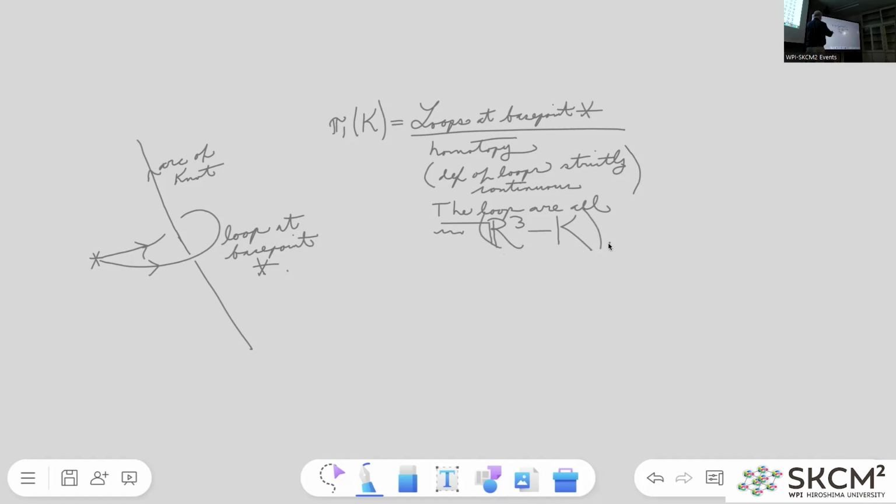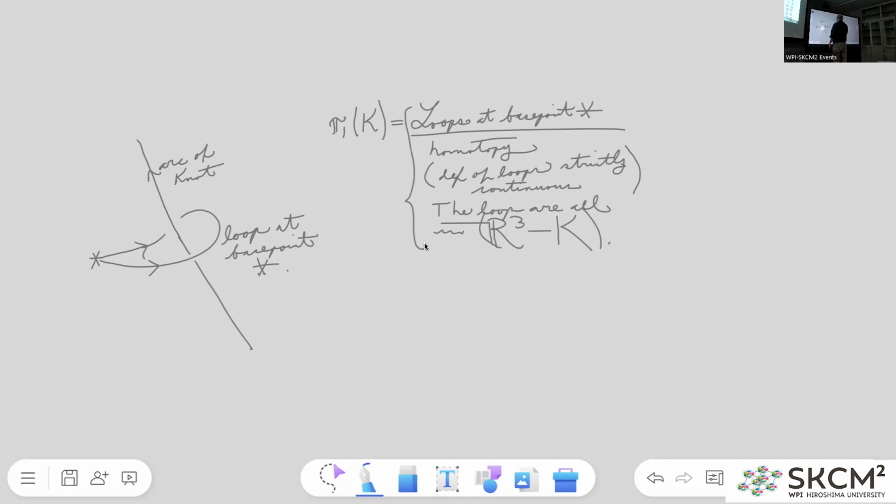A loop can be deformed in time any way you like continuously. It has to stay at the base point. It begins at the base point, comes around, but it can do whatever it likes otherwise. But it can't go through the knot. So we're going to measure the knot by looking at all possible loops that go around the knot in the complement of the knot. Okay? That's a beautiful idea that goes all the way back to Poincaré in the 1800s.